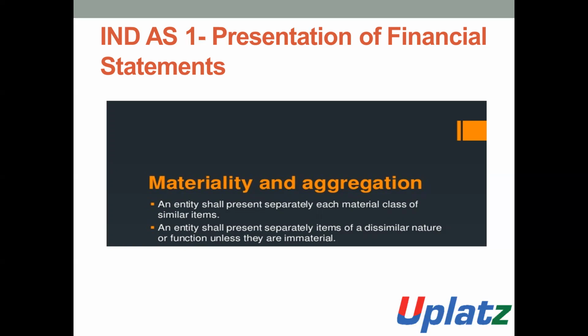An entity shall present separately items of a dissimilar nature or function unless they are immaterial. That is, in case there are certain items which are immaterial in nature, then the entity need not present them separately.